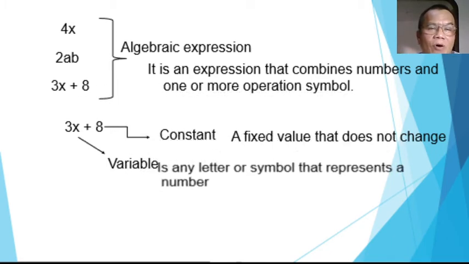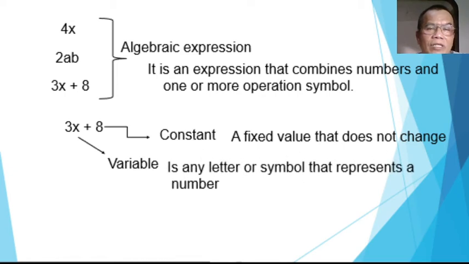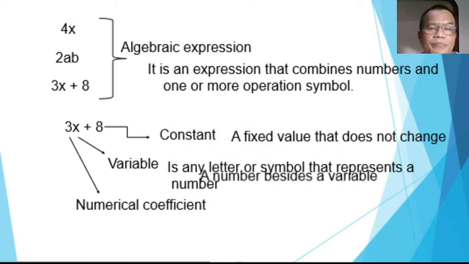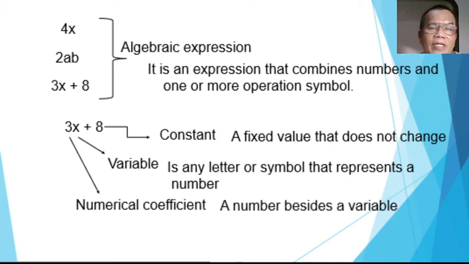And a variable is any letter or symbol that represents a number. And 3 is the numerical coefficient. The numerical coefficient could also be a constant, and that is the number beside a variable.